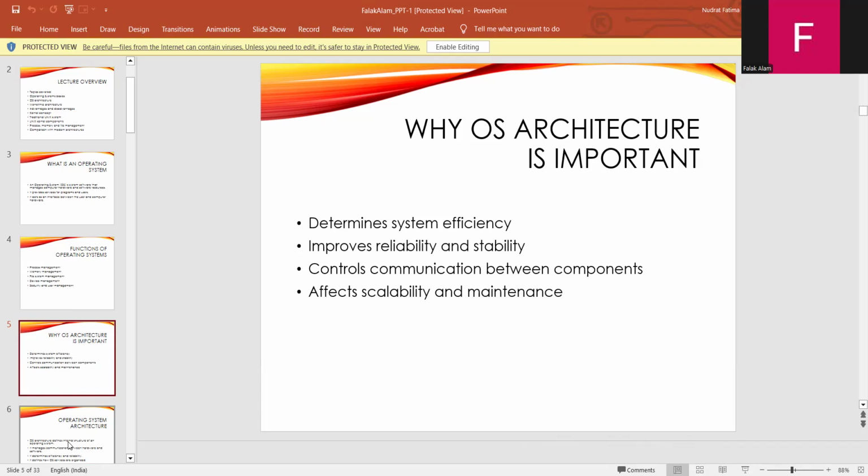The architecture is very important because the performance, reliability, flexibility, and stability depend upon the architecture only.